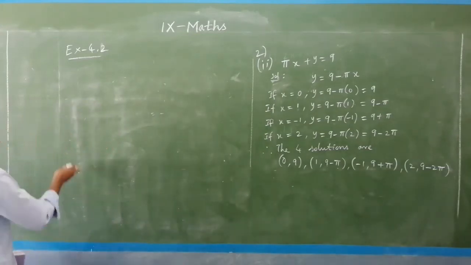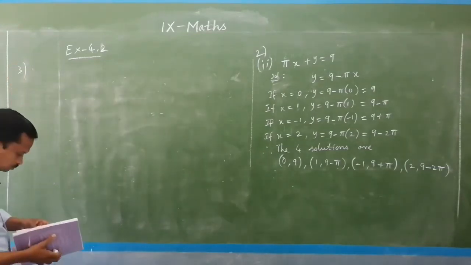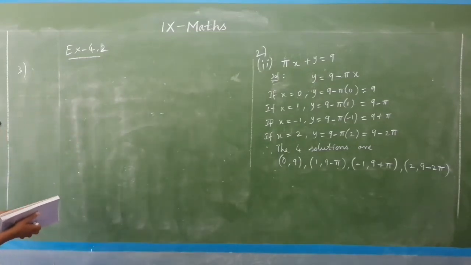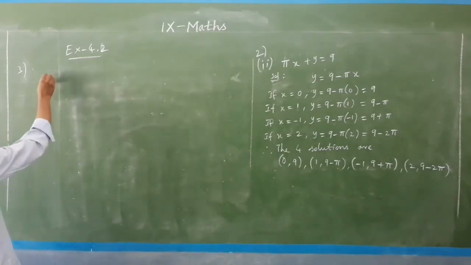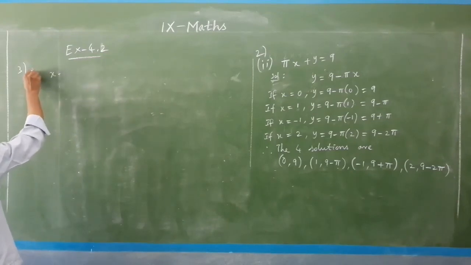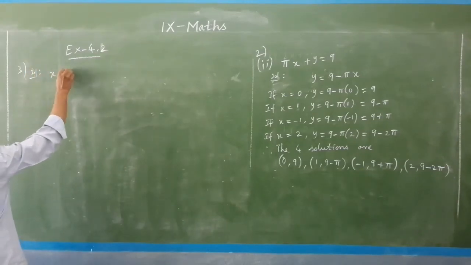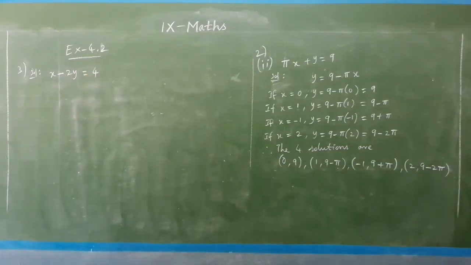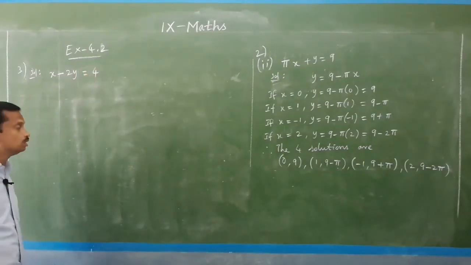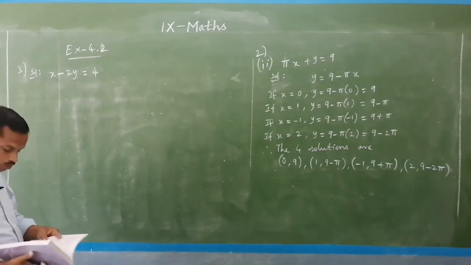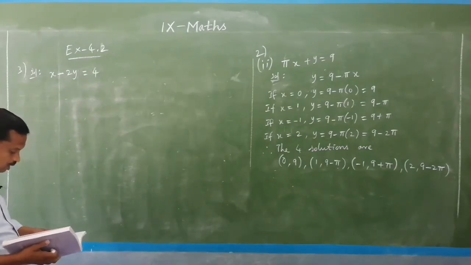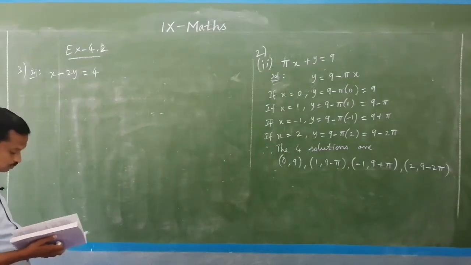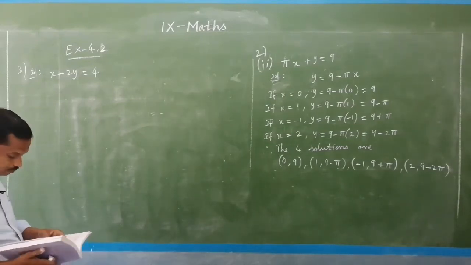Question number 3 is whether the following are solutions of the equation x minus 2y equal to 4. This is the given linear equation in 2 variables, x minus 2y equal to 4, and you have to check which of the following are solutions of this equation, and which are not.